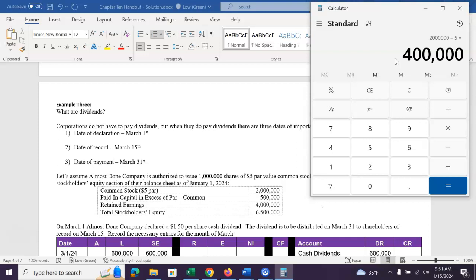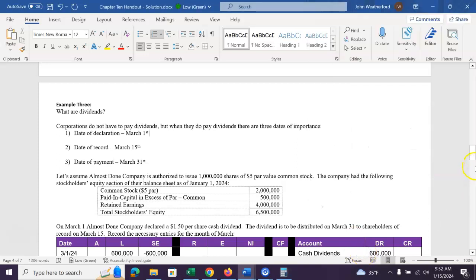We know they're outstanding because there are no treasury stock shares. We'll talk more about the difference in issued and outstanding a little later. But we'll say the 400,000 shares outstanding times the $1.50 per share. And that's how we got to our $600,000 for cash dividends.